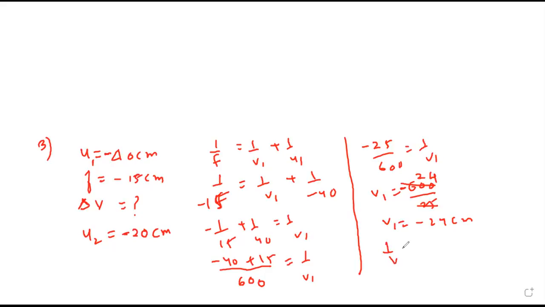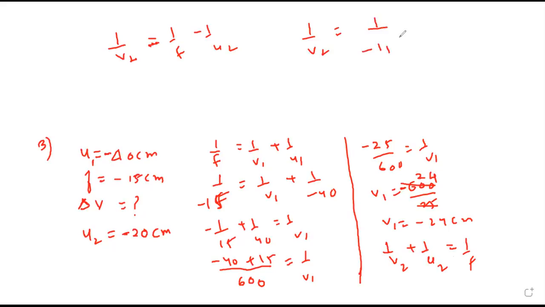Similarly, 1 upon V2 plus 1 upon U2 equals 1 upon F. So this will give you 1 upon V2 equals 1 upon F minus 1 upon U2. 1 upon V2 is 1 upon minus 15 minus of minus 20, that is minus 1 upon 15 plus 1 upon 20.